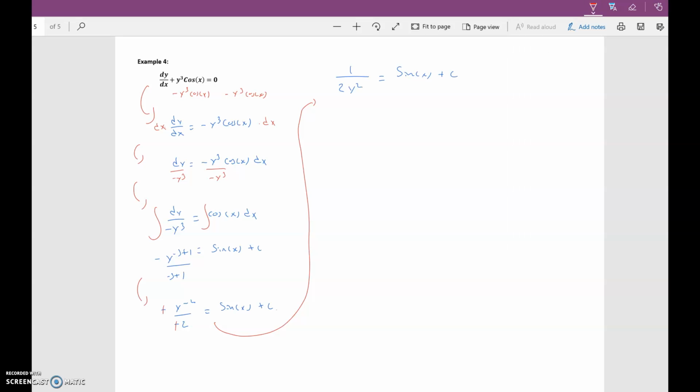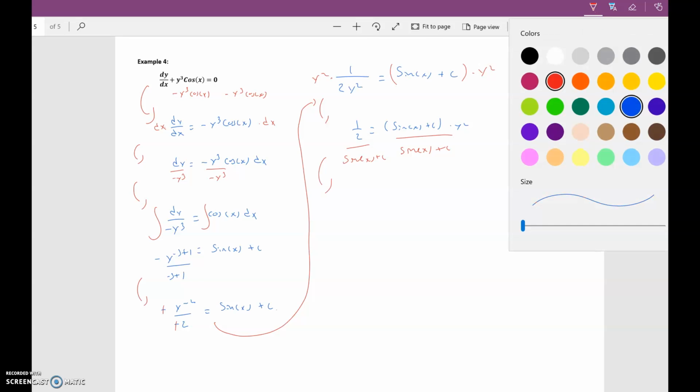So the next step would be multiply by the y squared. So we're looking at 1/2 is equal to sine of x plus c times y squared. And then let me divide by the actual sine of x plus c.